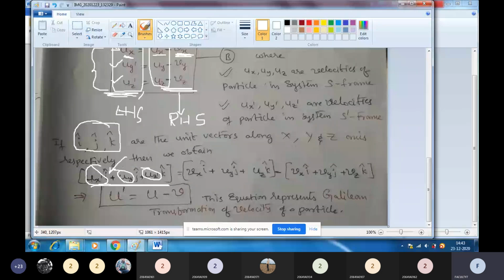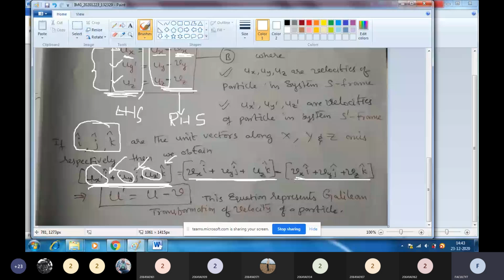Now this gives the equation of velocity of the second frame, which equals the velocity of the frame S, minus the velocity of the second frame which is moving.